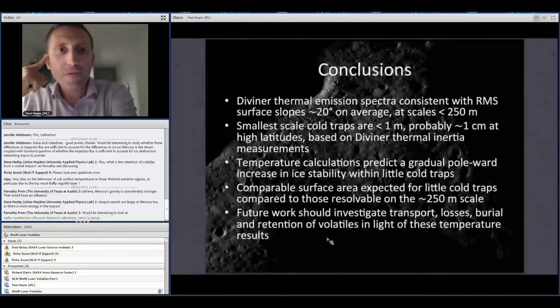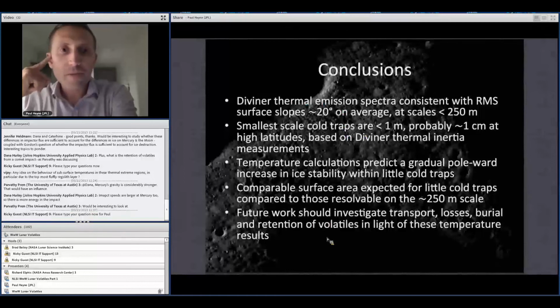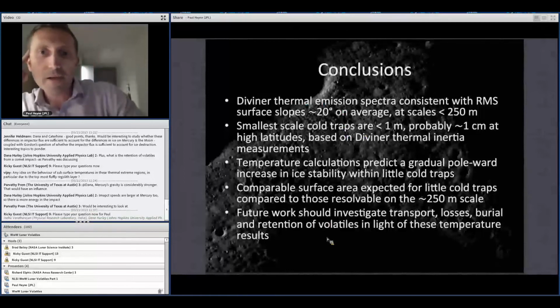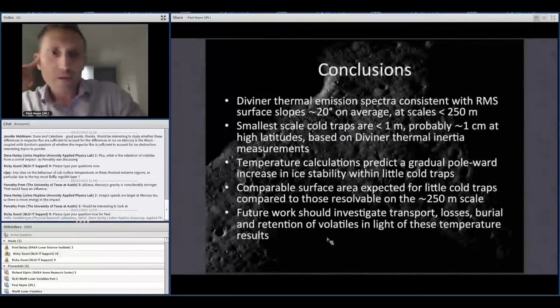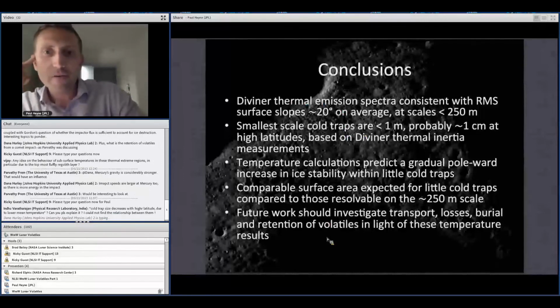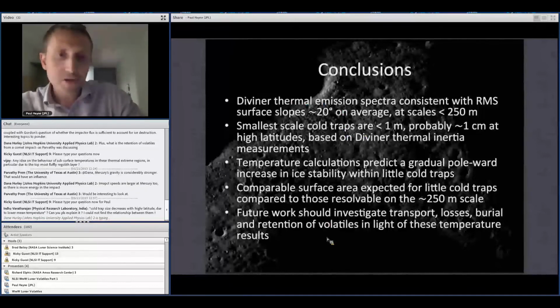We've got these Diviner measurements that show at small scales, below about 250 meters, the average surface roughness is quite high, about 20 degrees on average. And these small-scale cold traps are probably less than a meter, or about a centimeter at the highest latitudes. We can constrain that just based on the Diviner thermal inertia measurements.